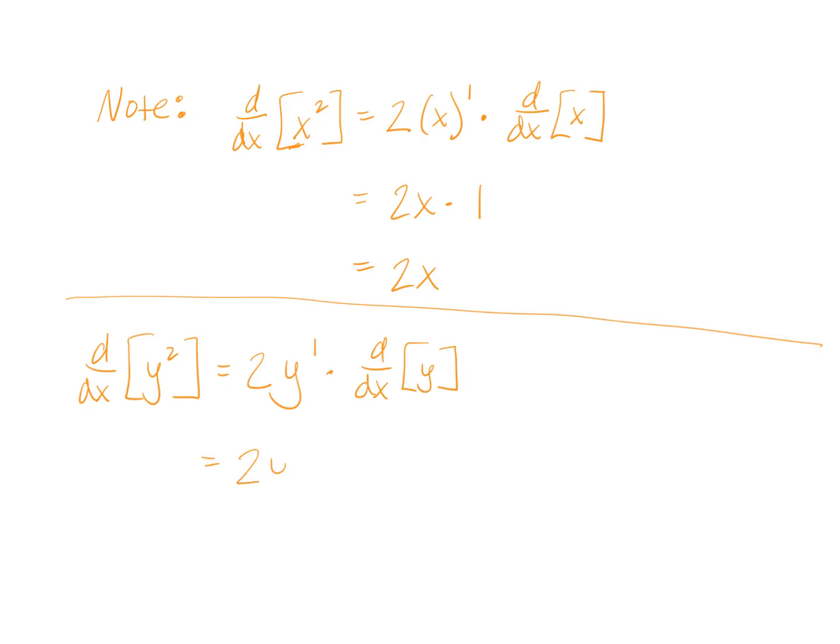So this comes out to 2y times d dx of y, which is not 1. d dx of x is 1 because the variables match. But the derivative with respect to x of y is not 1. That's dy dx, or y prime.